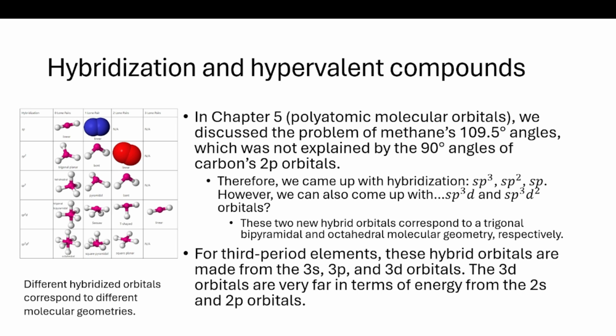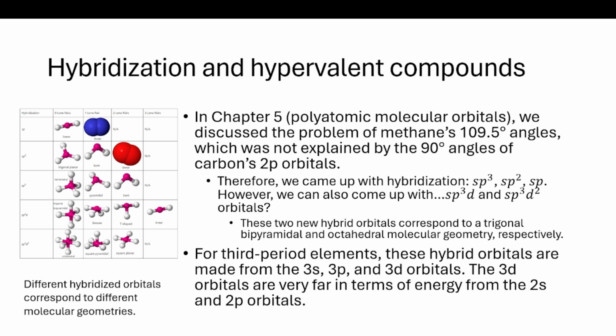Now, hypervalent compounds are only feasible for elements that are from third period and below. And that's simply because you can't form them from second period elements. Their bonding gets progressively weaker. And so for third period elements, these hybrid orbitals are only made of the 3s, 3p, and 3d orbitals.